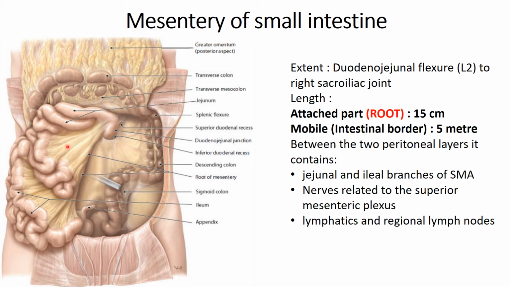Between the two peritoneal folds, it contains the jejunal and ileal branches of the superior mesenteric artery, the nerves related to the superior mesenteric plexus, and since it has a high lymphatic drainage, it contains the lymphatics and the regional lymph nodes.